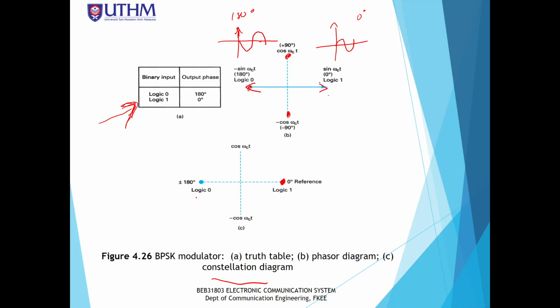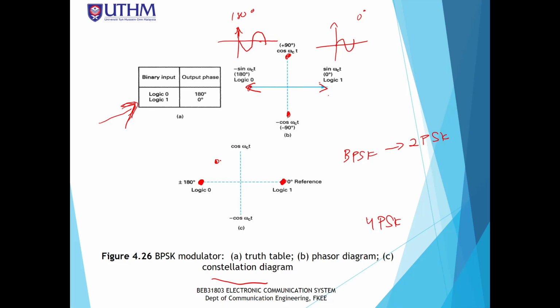Manakala untuk logik kosong, dia berada pada negative 180 degree. Okay, so dia cuma ada di dua tempat sahaja untuk BPSK. Kalau kita menggunakan 4PSK for example, 4PSK dia akan jadi lain. Yang ini BPSK adalah 2PSK. Okay, kalau kita menggunakan 4PSK, dia akan jadi lain.